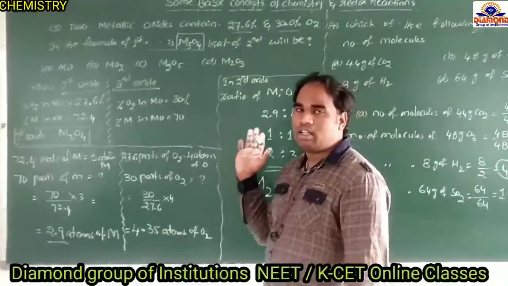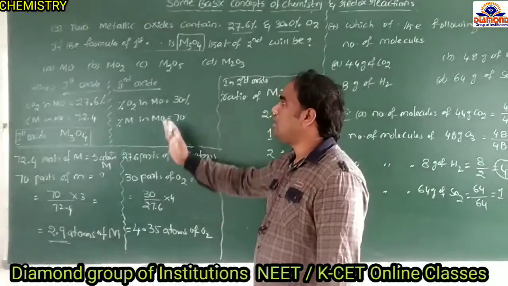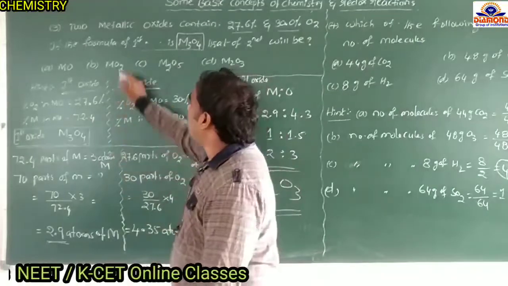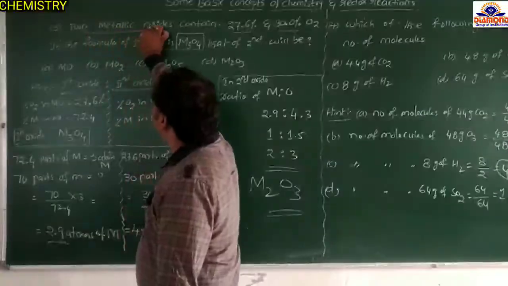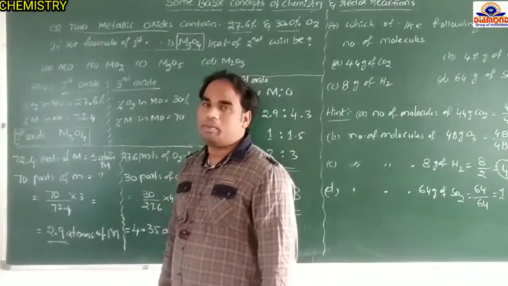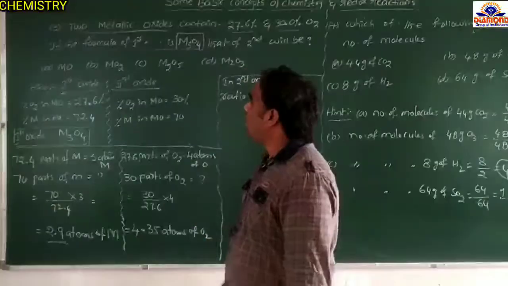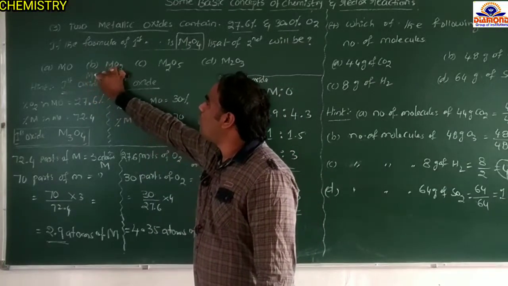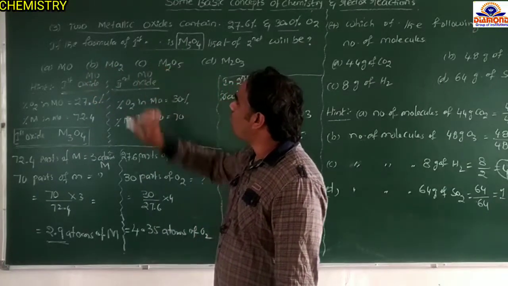If they give a question like this, first the basic concept. Here two metallic oxides, metal oxide 1 and metal oxide 2, each just like MO.